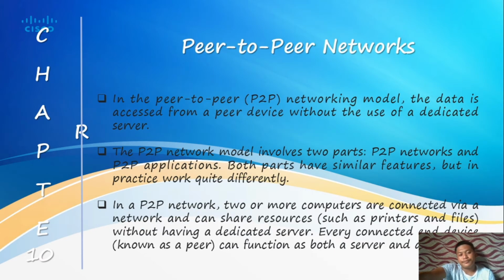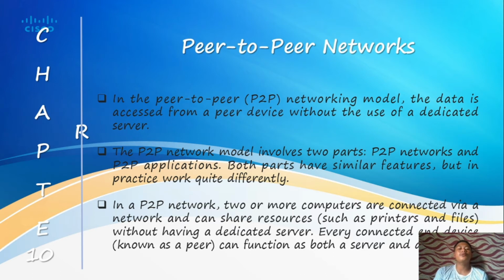Peer-to-peer network. In the peer-to-peer networking model, data is accessed from a peer device without the use of a dedicated server. The P2P, or peer-to-peer, network model involves two parts: peer-to-peer networks and peer-to-peer applications. Both parts have similar features, but in practice work quite differently.